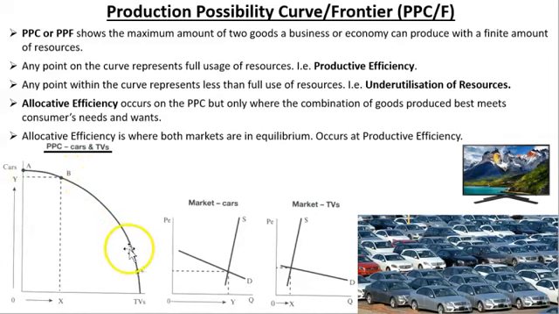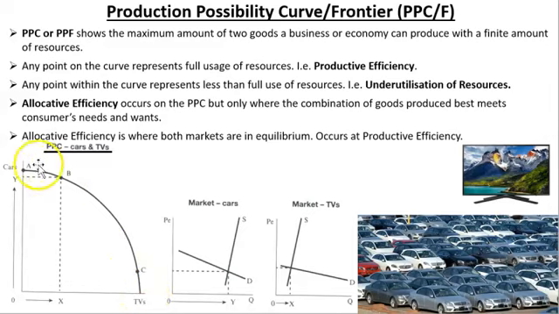And in this case, it's simplistically assuming that our producer can make TVs, which we can see on the x-axis, or cars. TVs or cars. So if our producer used all of their resources to only produce TVs, it would be producing the quantity of TVs shown where this curve cuts our x-axis down here.